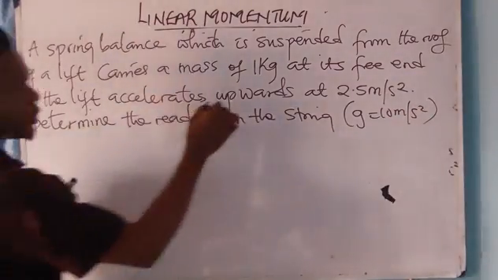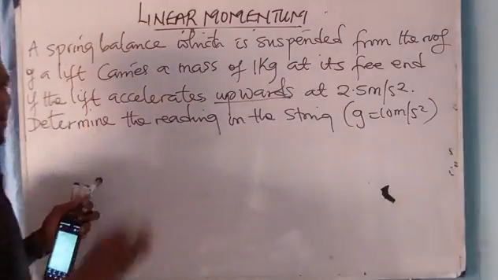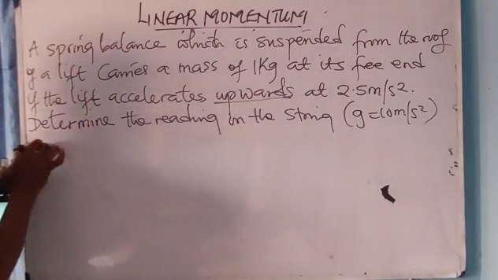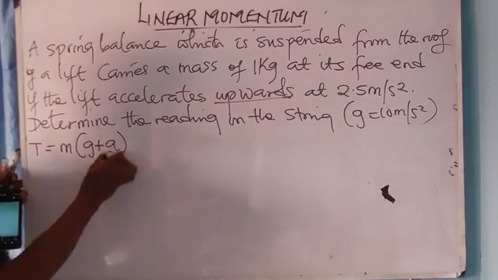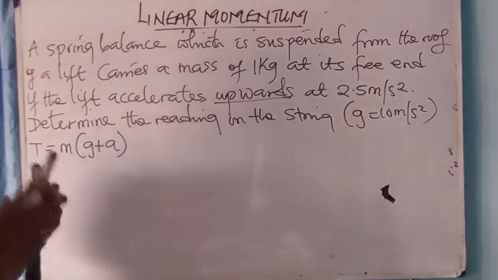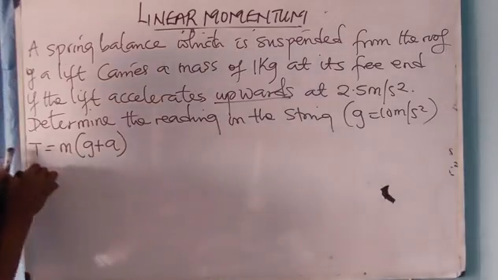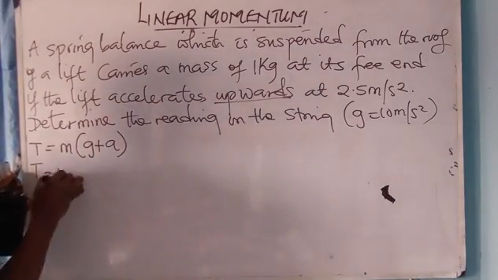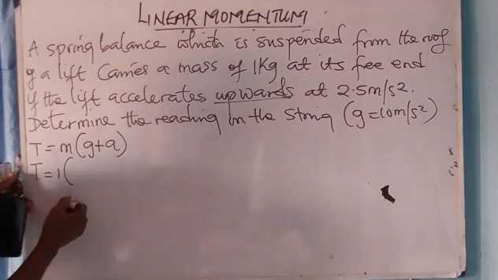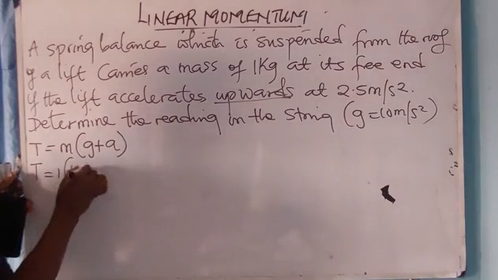Now the word is upwards, going up or ascending. So I think that tension is equal to what? Mass times G plus A. It is very simple once you understand the formula completely. The mass from the question is just 1. Gravity is 10.